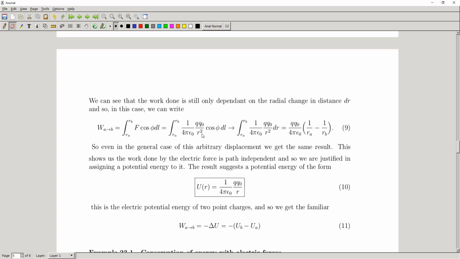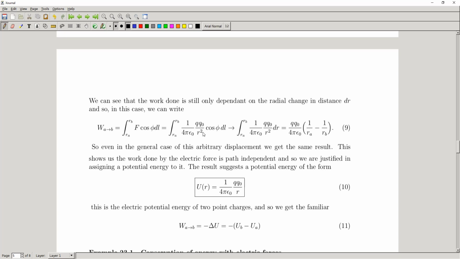Okay, so that's a big simplification that we can make, and this shows us that the work done by the electric force, or by moving this particle through the electric field, is path independent. It only depends on our initial and our final R values.